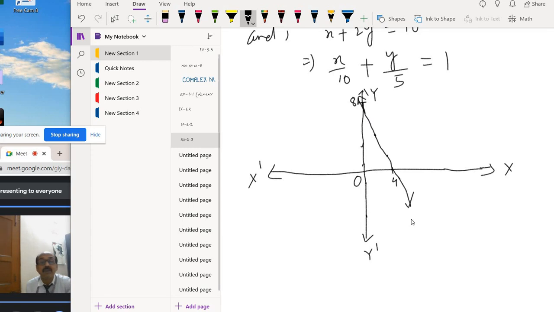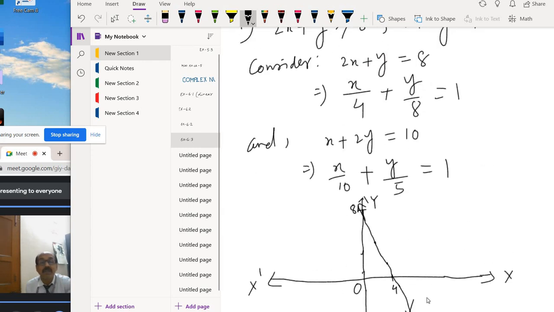So this is x by 4 plus y by 8 equal to 1. Now another equation is x by 10, y by 5.